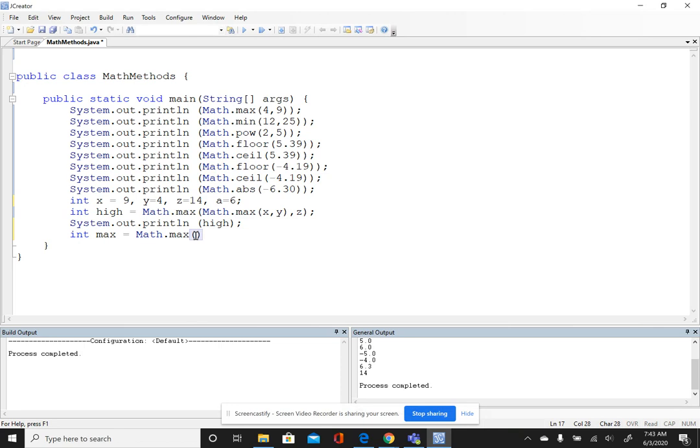I can compare the first two with math.max, and then compare the other two with math.max, so Z and A. Then I compare the two results with max. Now if I print max, it should return the highest of the four numbers.